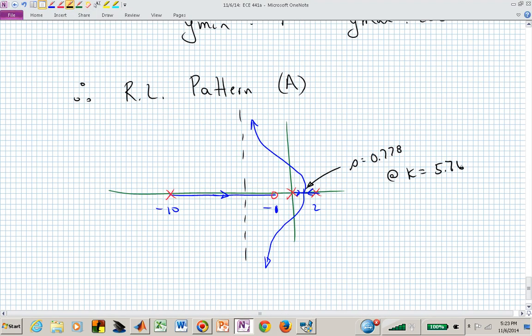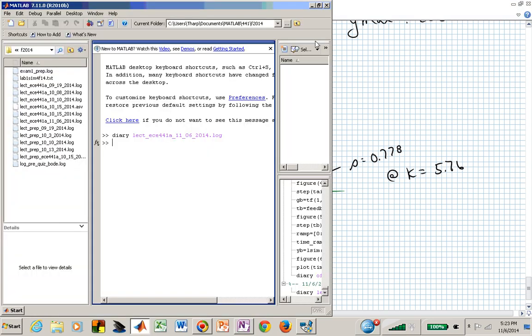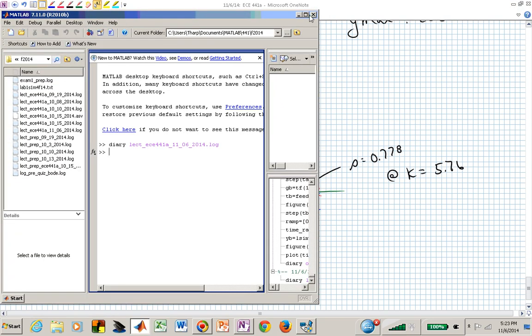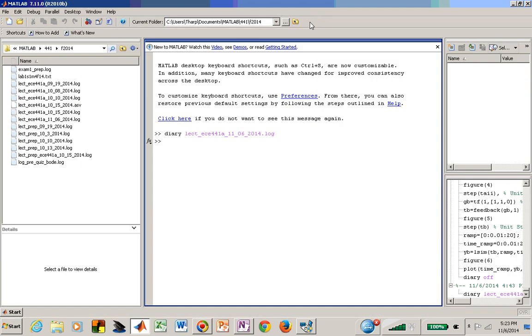So if I needed to know what's the gain, and you could locate that crossover frequency, I'm not going to do that, but you could do that with the Routh array or some other technique that you want. Let's now just verify using MATLAB that in fact we have identified the correct root locus pattern.